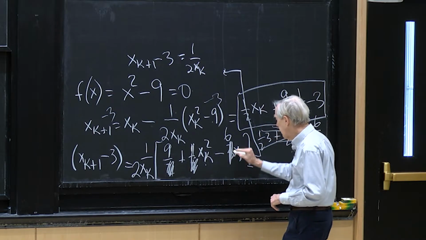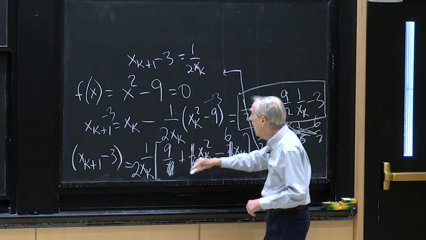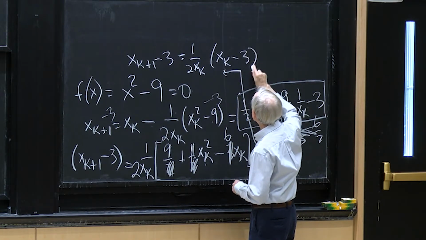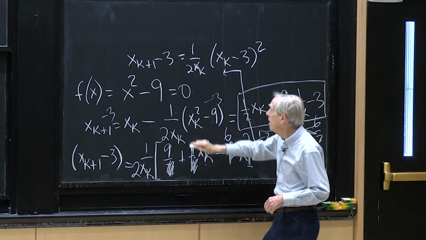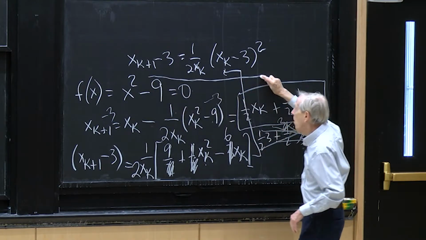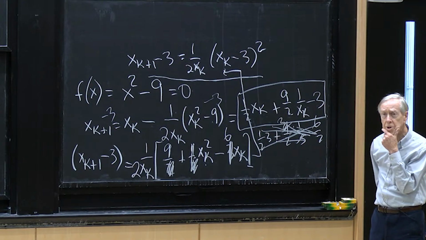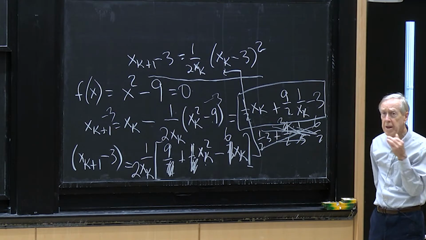Xk squared minus 6 of them plus 9, that's xk minus 3 squared. Okay. That was the goal, of course. That's the goal that shows why Newton's method is fantastic.